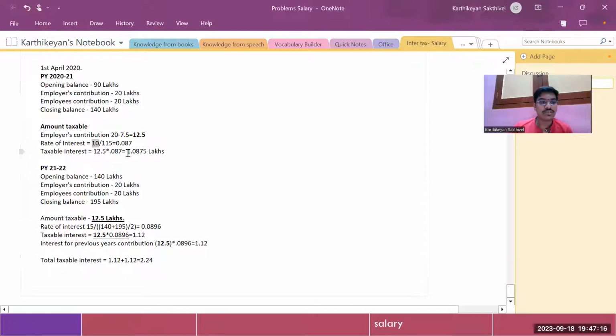This 10 includes this 1.0875. 10 lakhs of interest இருக்கு.